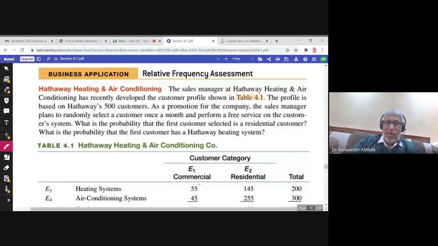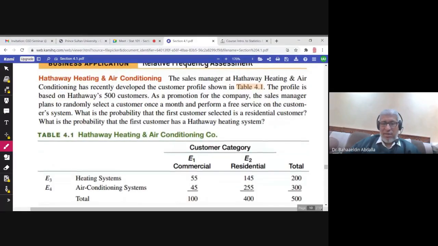And this is the Hathaway heating. We have two types, heating systems or air conditioning systems. And we have some numbers inside the table. So 55, for example, says that there are 55 commercial heating systems. Okay, 145, there are 145 residential heating systems.